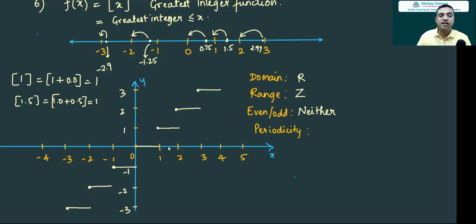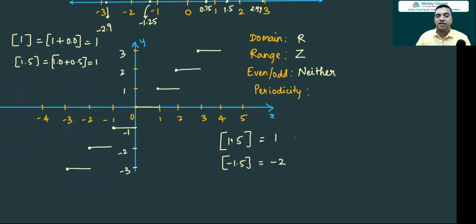So let's say step of 1.5 gives us 1. Step of minus 1.5 doesn't give us minus 1. It gives us minus 2. So step of minus 1.5 is not equal to minus of step of 1.5.